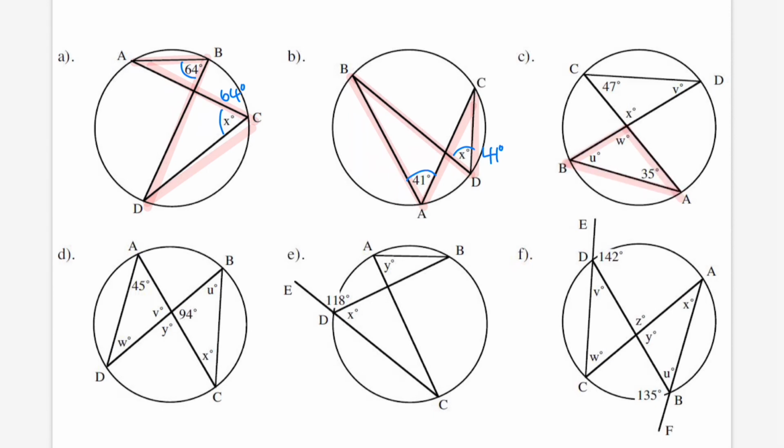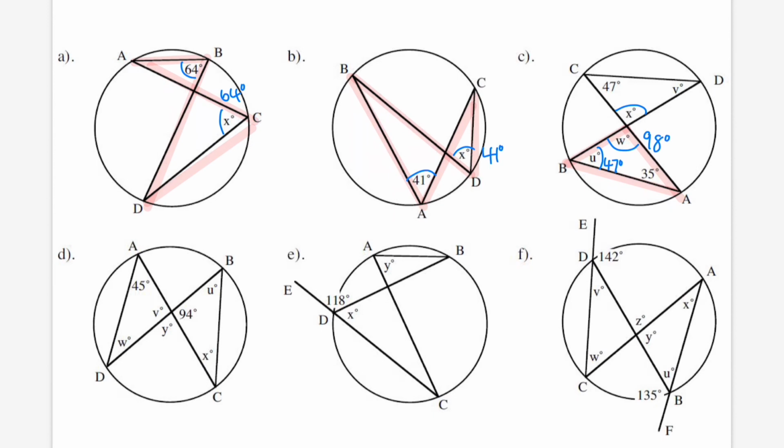We know that triangles add up to 180 degrees, so I can do 180 minus the 35 minus the 47 from bow theorem, and that will help me to then find w. So 180 minus 35 minus 47, and then x will be the same as they are opposite angles.